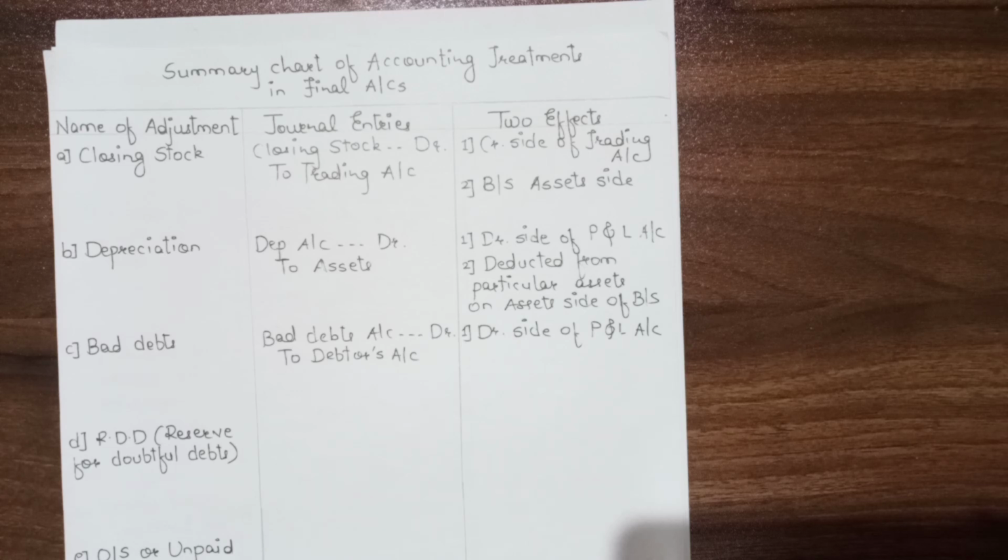This is how your RDD is always calculated on sundry debtors, and it is calculated in percentage. So whatever percentage you have to calculate, the amount you get is called your new RDD, which you have to post firstly in the asset side. Firstly you calculate it on your sundry debtors, and the second effect will appear in the debit side of the profit and loss account.